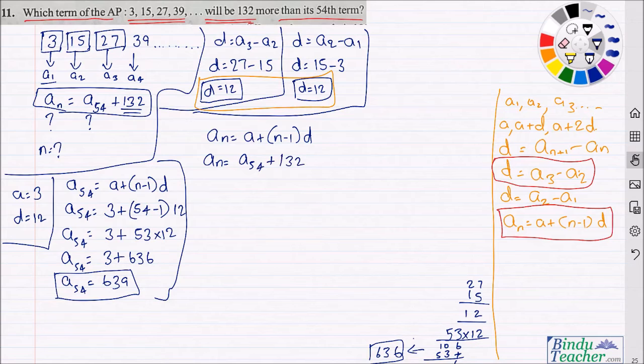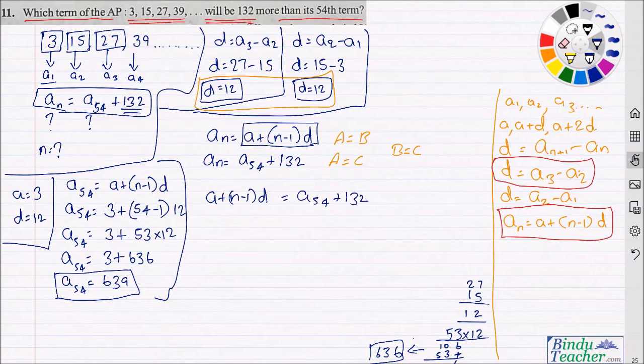So if you look at this equation, this is of the form A equals B and A equals C. So given A equal to B and A equal to C, we can write B equal to C. So applying this rule, we will get A plus n minus 1 into D, which is from here, equals A of 54 plus 132, which is from here. So now let's solve this.